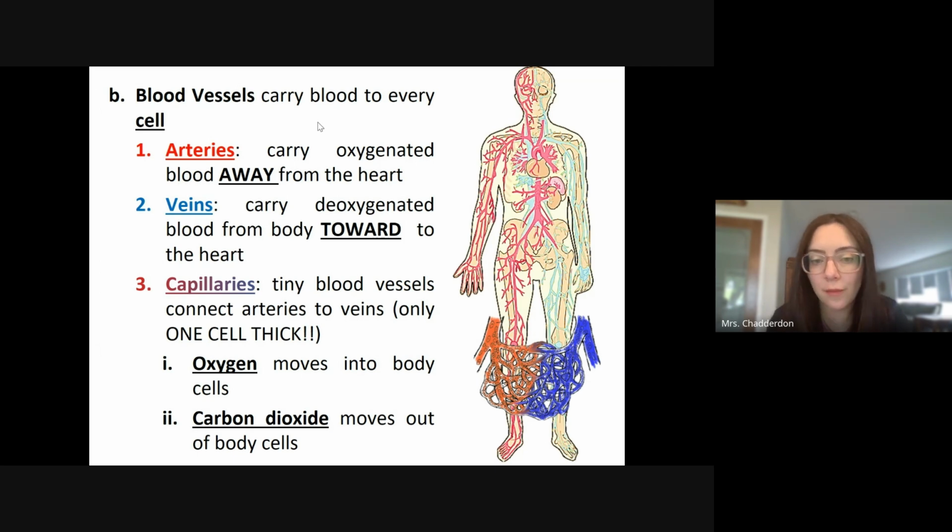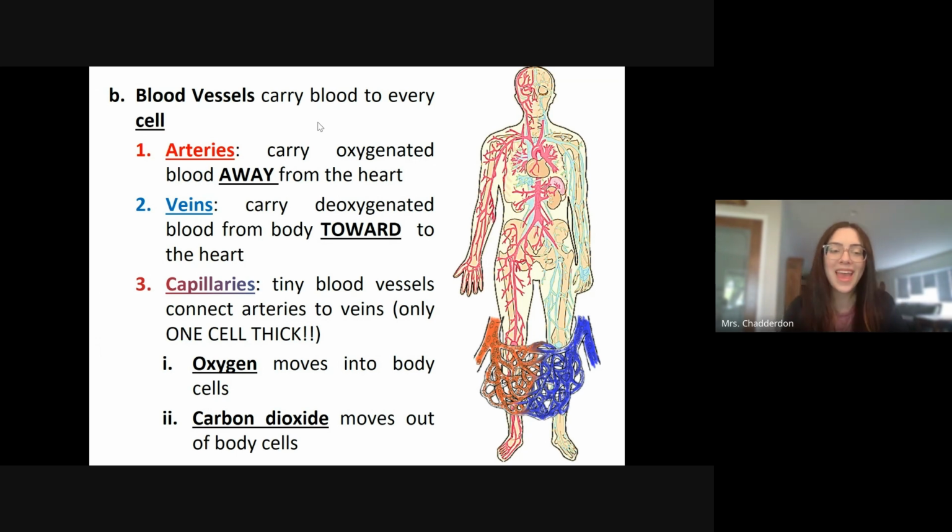It picks that up from the cells and brings it to the heart to go to the lungs and get oxygen again. Okay, what happens at the lungs? You breathe out the CO2, carbon dioxide.